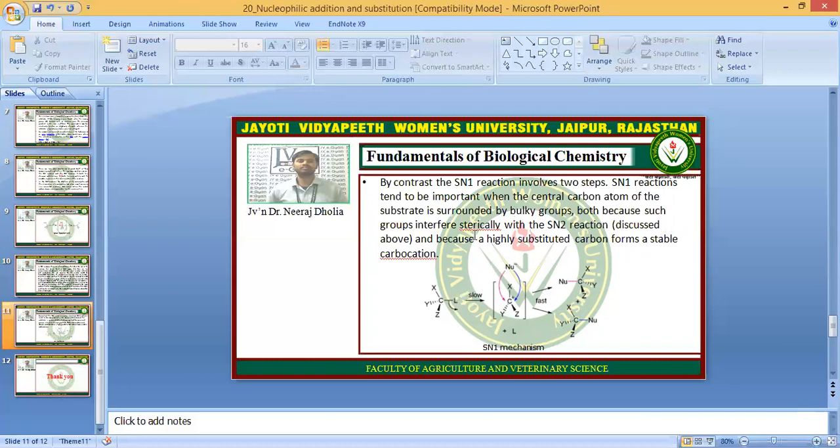Because bulky groups interfere sterically with SN2 reactions, and because a highly substituted carbon forms a stable carbocation. So this is the mechanism. The first step is slow, where the leaving group takes the negative charge and leaves. The second step is the attack of the nucleophile here, and that is the fast step.